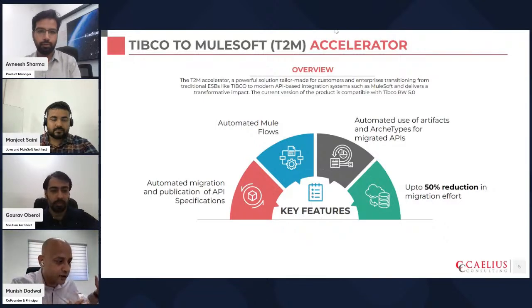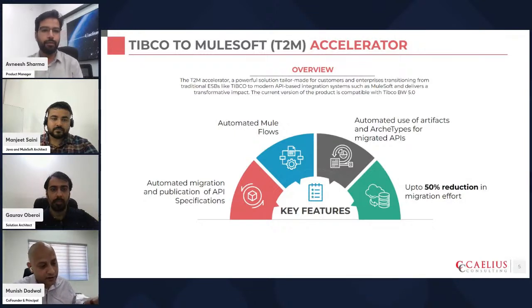Basically, the complete definition of your API from the Tibco world gets migrated onto the MuleSoft side of the ecosystem. Overall, what we have seen is a reduction of up to 50% of development effort. From a cost perspective and resource perspective, it reduces around 50% of your cost. And this definitely helps you accelerate the adoption of MuleSoft as a platform. We'll delve deeper into it as we go into the next slides.